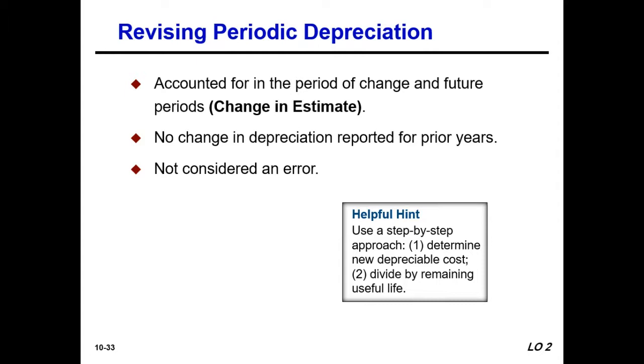So you don't change the depreciation in previous years, otherwise it would affect financial statements in previous years. So if you think that in future it has to be changed, you change it now, and in the future years, we don't make changes. And it is not considered as an error, right?